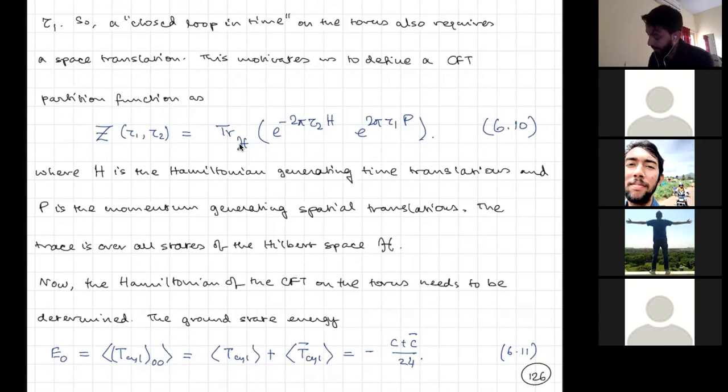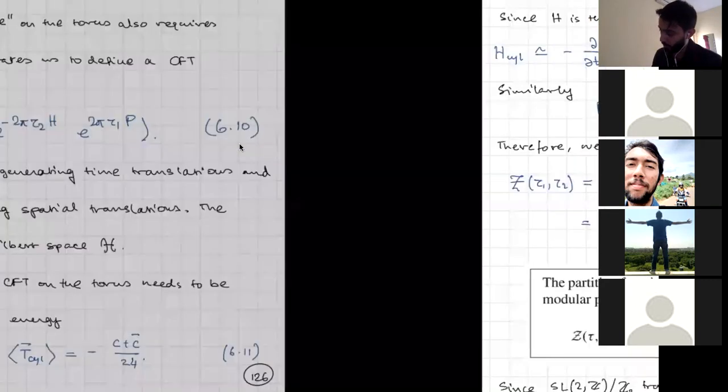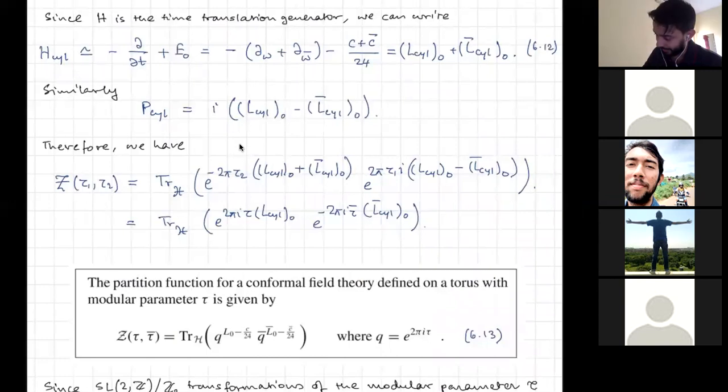So E naught is this. So the Hamiltonian will be what? The Hamiltonian will be del del T plus E naught. And if you translate this into the coordinates on the cylinder, this is just del omega plus del omega bar, and E naught is C plus C bar with a sign in front of it.